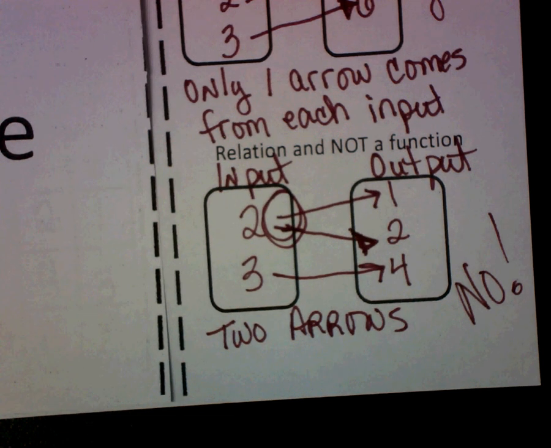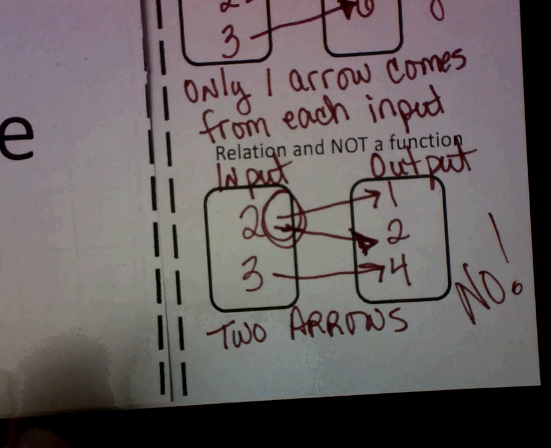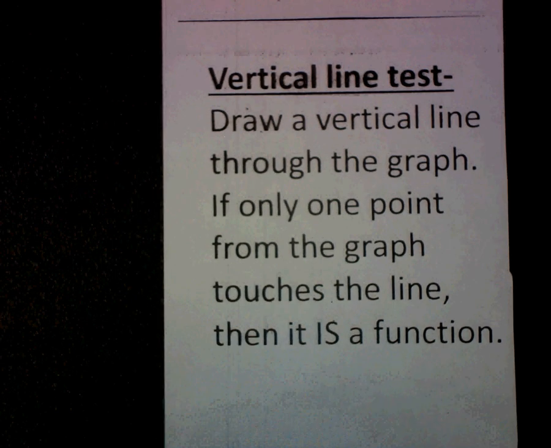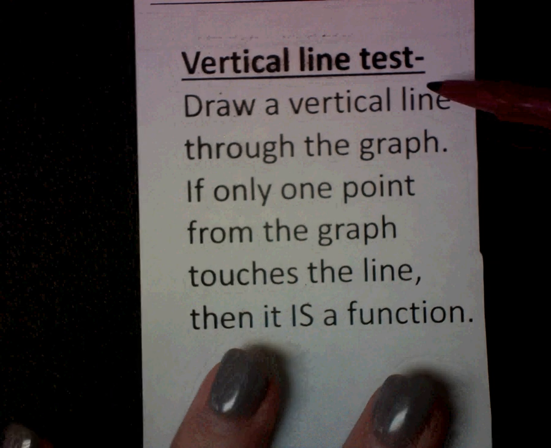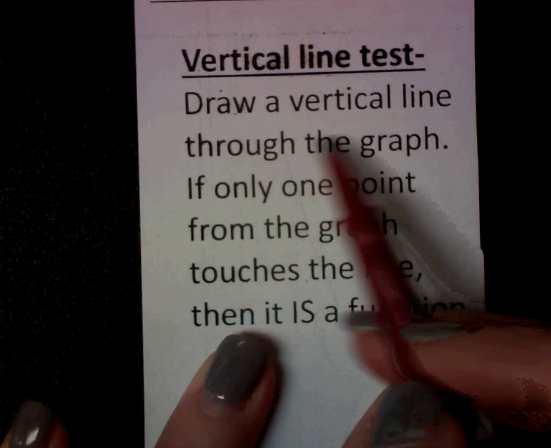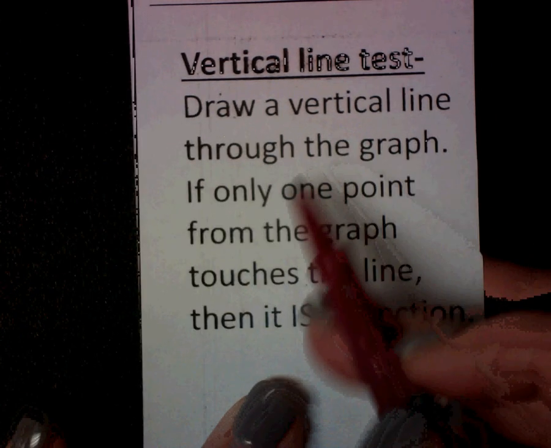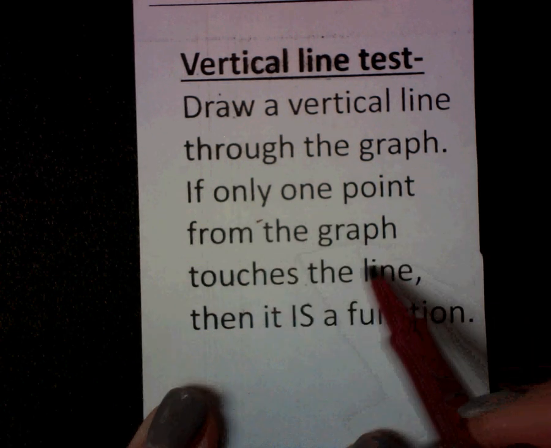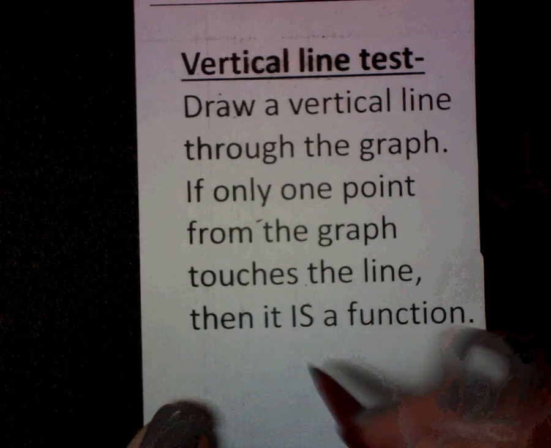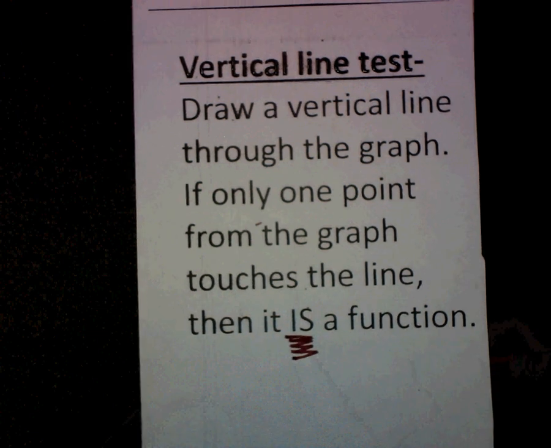We need to look at the graph now. Okay, so from the graph, oops, can we see it? Where is it? From the graph, we do what's called the vertical line test. We're going to draw a vertical line through the graph, and if only 1 point from the graph touches that vertical line, then it is a function.